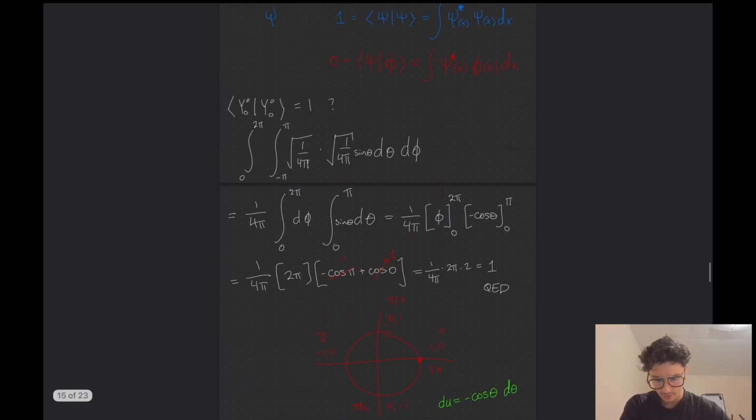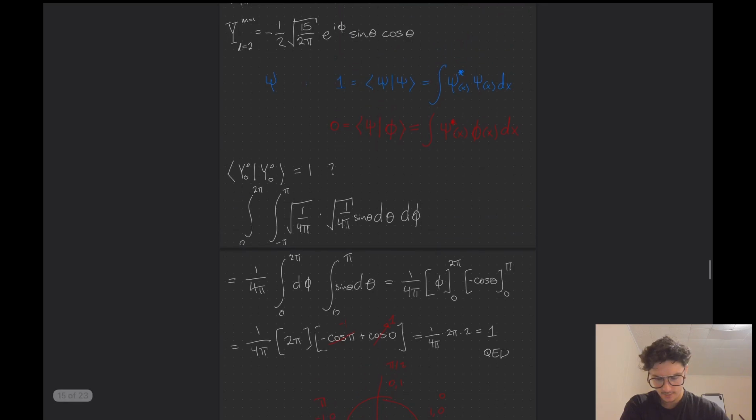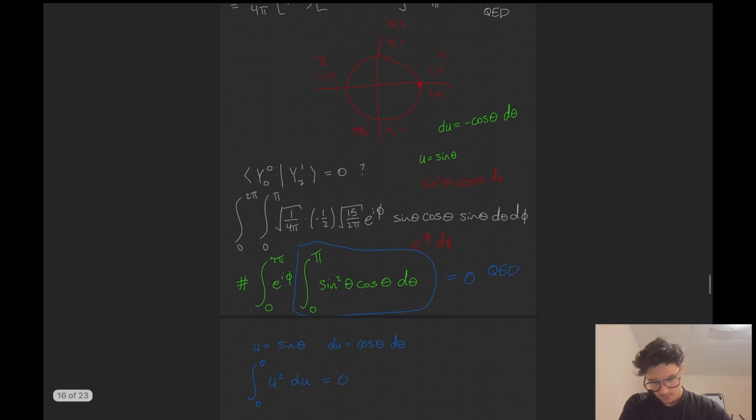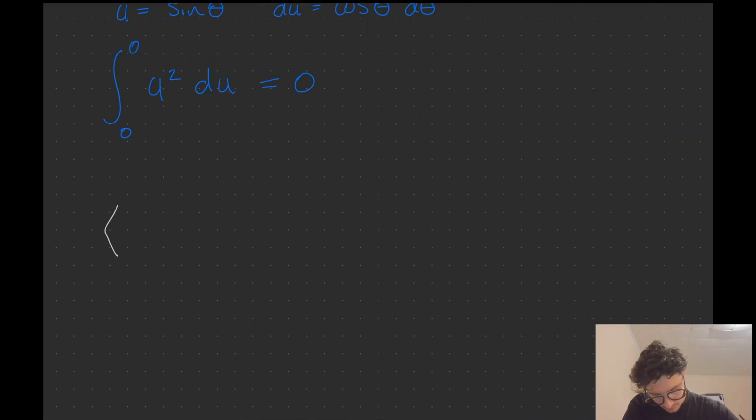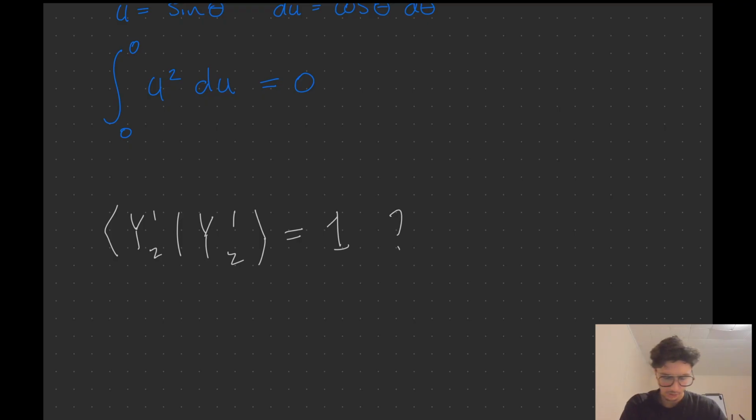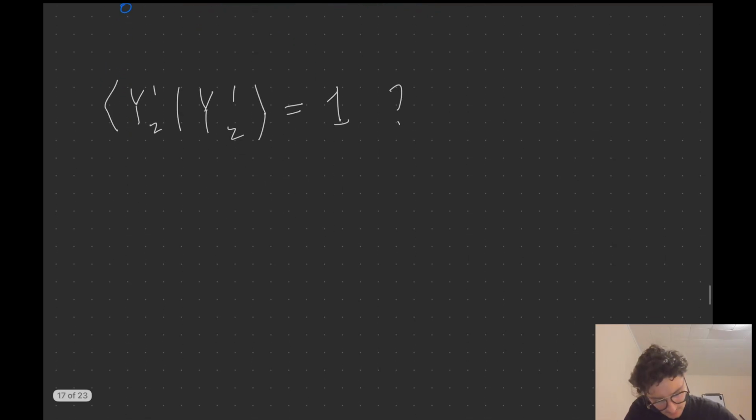So now the only thing we have left to prove is the big one. All right. So we have this 1, 2, this 1, 2 equals 1. Is that true? This one's going to be a big one. 0 to 2 pi, 0 to pi.